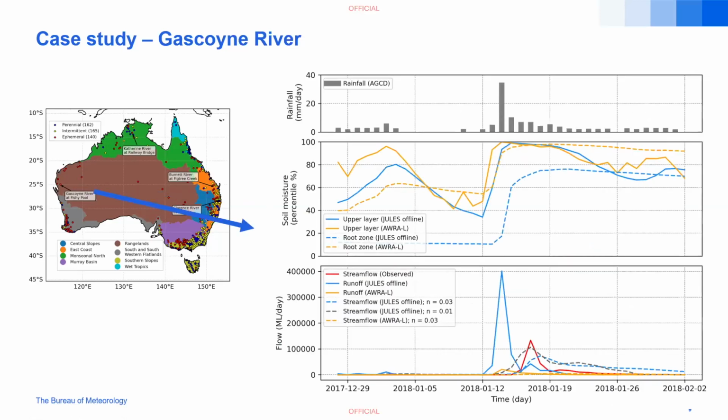So we can see here a plot of the rainfall, and I looked at the soil moisture and the flow, and what I can see is that in the case of the Aura, the soil moisture increases rapidly at the onset of rainfall compared to the JULES one.